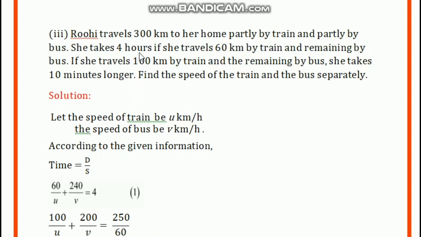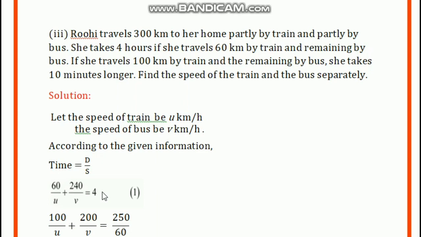Here the timing and travel distance are given and we need to find the speed, so for that purpose I took time equal to distance divided by speed. We know the time and distance. Because the total time taken for train and bus is given as 4 hours.